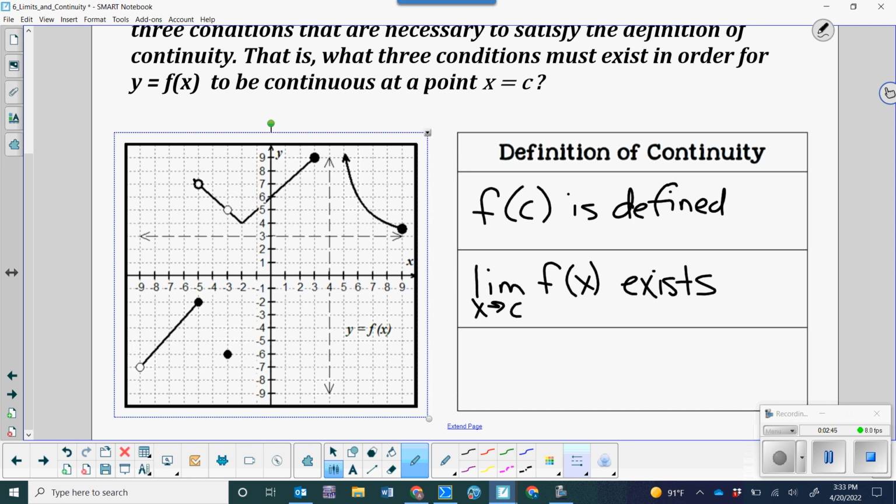So the problem is the limit exists, the function has a value, but those two things aren't the same. So that's going to be our third criteria, is in fact that the limit that we know exists must in fact equal that function value at that same place. So this is our very formal definition of continuity. So for a function to be continuous at a point, these three things must be true.